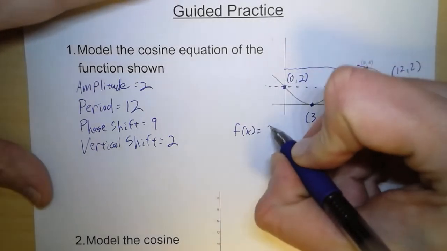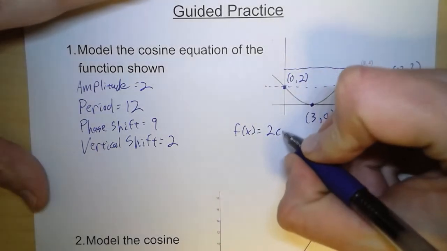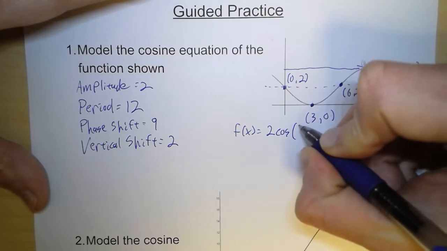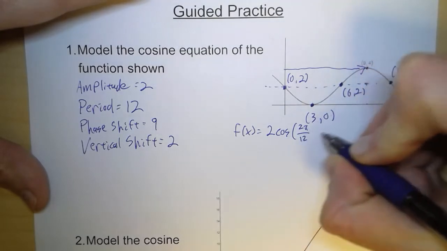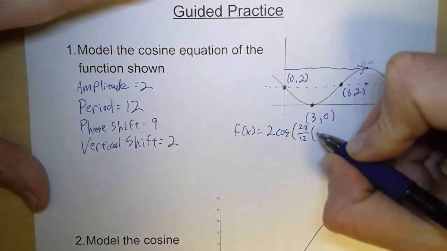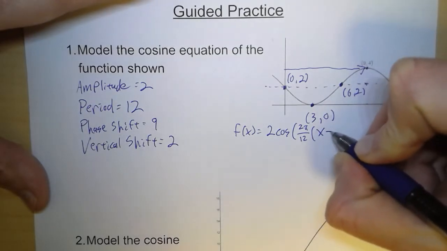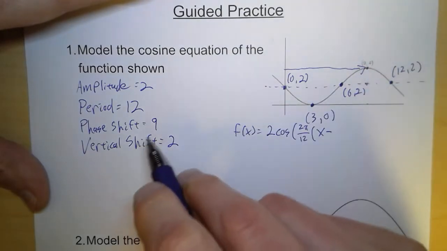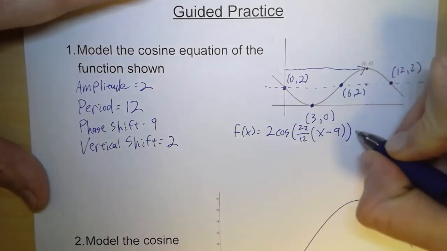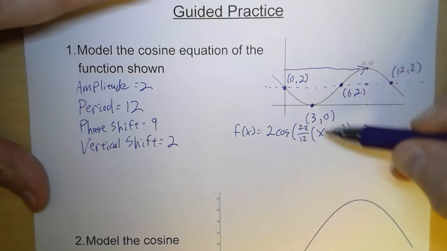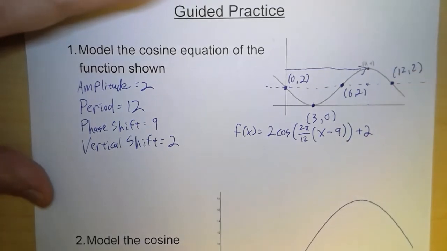You start with the amplitude, that is 2 cosine. If you're in radians, you take 2 pi divided by the period length, which is 12, and then multiply by x minus, it's always minus, whatever the phase shift is. In this case, the phase shift is 9, and then on the end, you add the vertical shift.